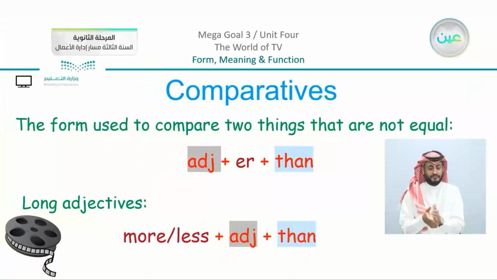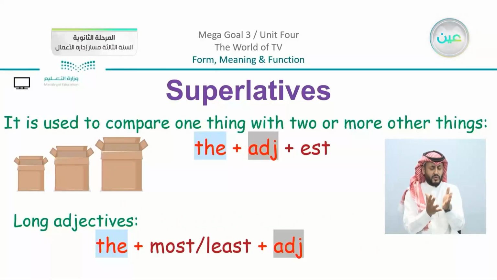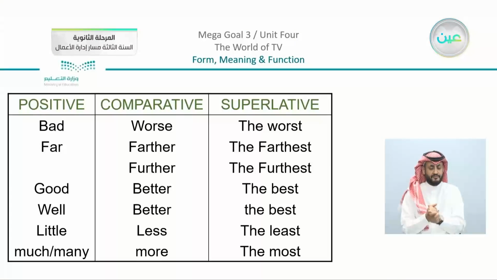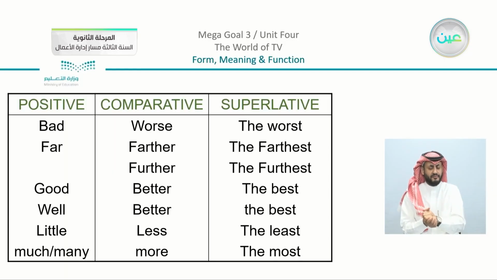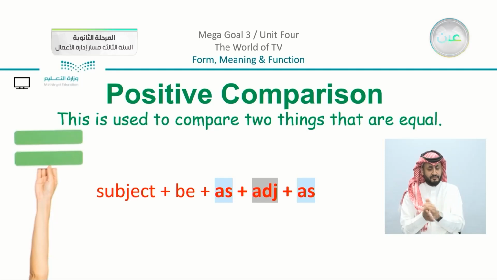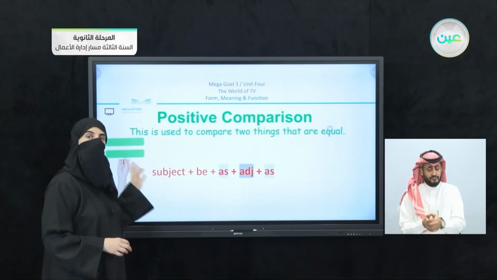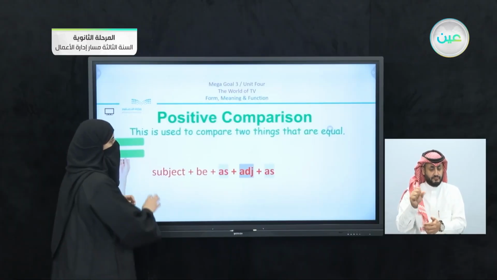We did our examples here. As you can see, there is the structure of the short adjectives and long adjectives for comparatives and superlatives. We also mentioned irregular adjectives here, as you can see. We also explained the idea of positive comparison.